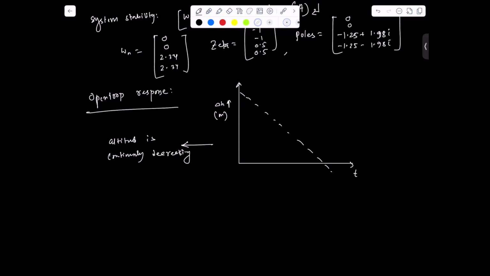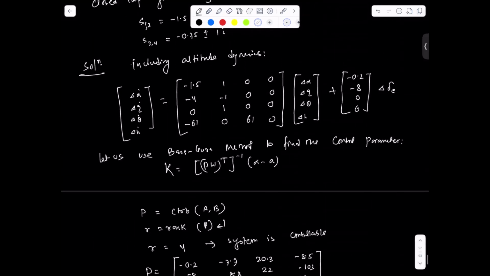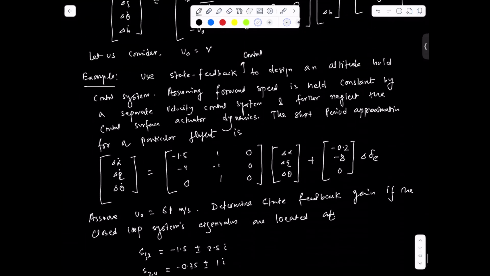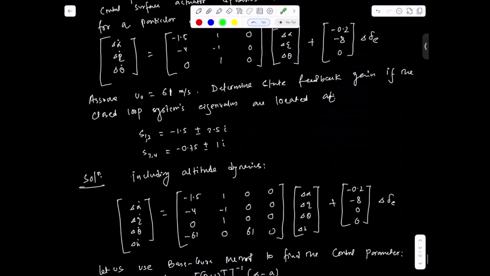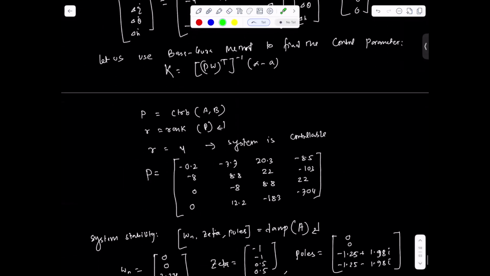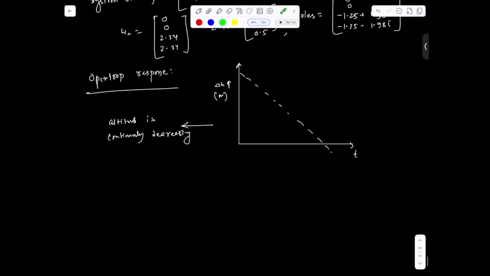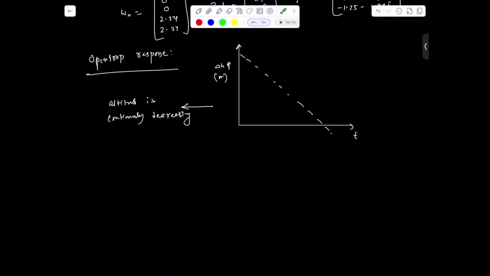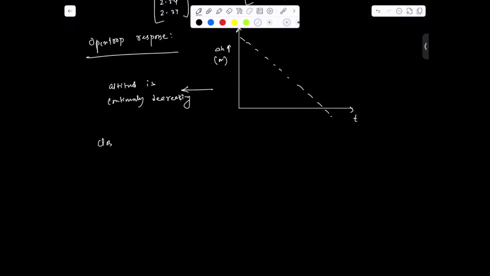Now we'll use the state feedback control based on the given desired poles, and see how we can maintain the altitude hold of this particular example. So for that, let us form the closed loop desired poles.